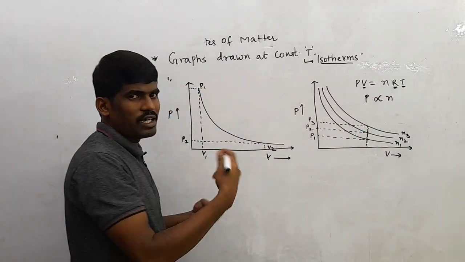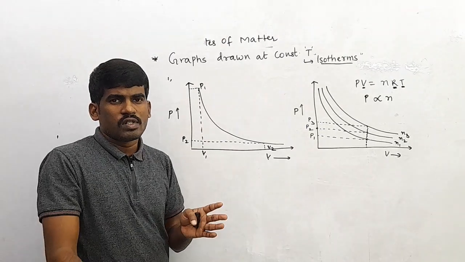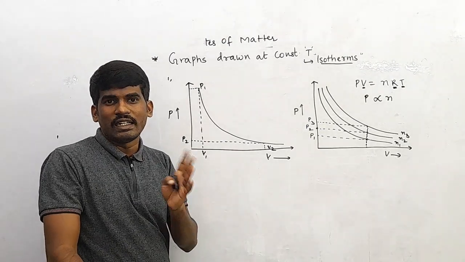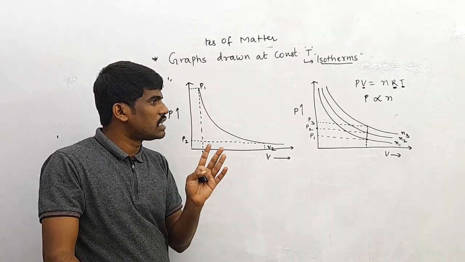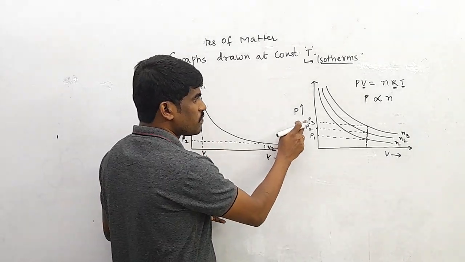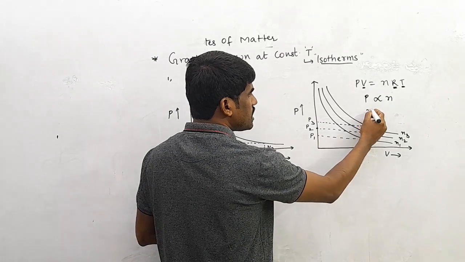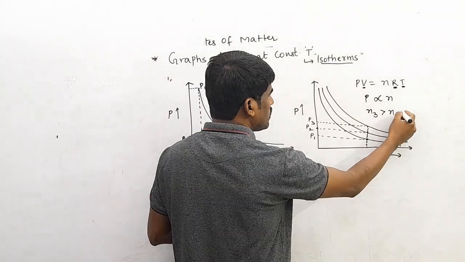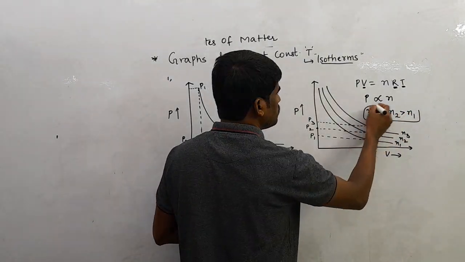Highest pressure, highest number of moles. I mean to say, we are going to relate pressure and the number of moles. And then highest pressure is for P3, then number of moles will be highest for N3. So relation is N3 greater than N2 greater than N1.